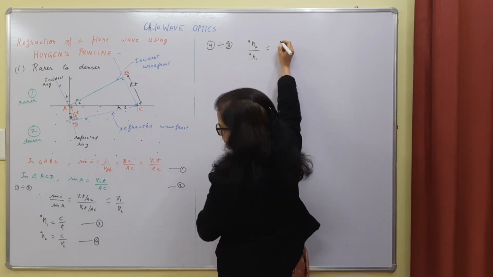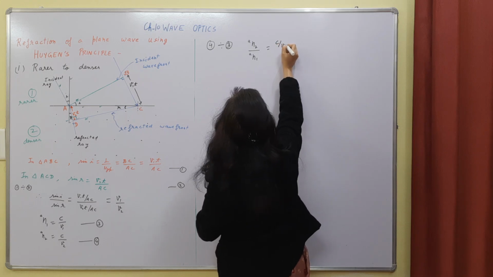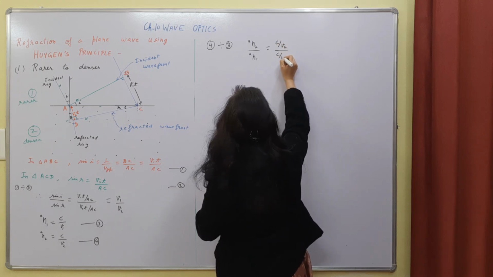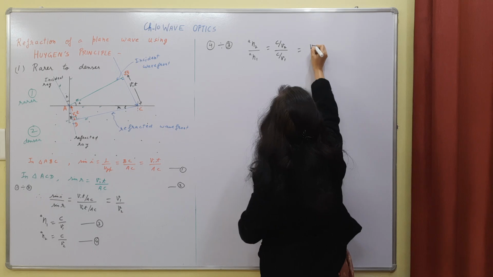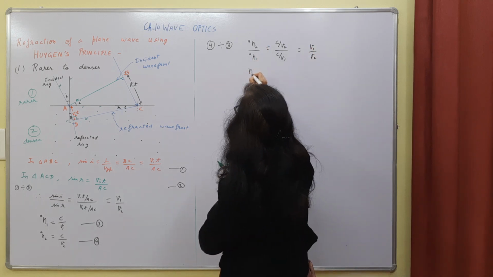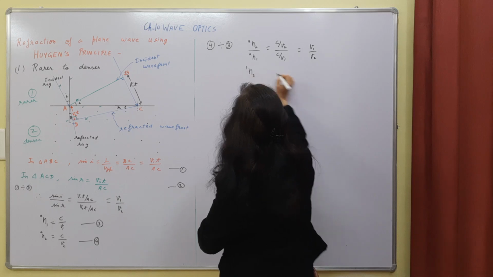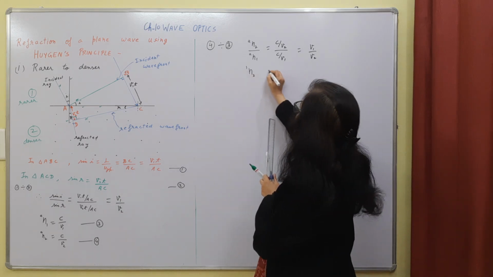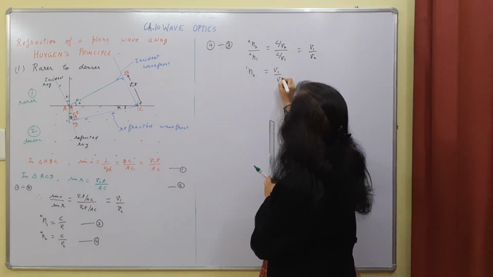This is equal to (c upon v2) upon (c upon v1). This gives us v1 upon v2. And this is actually n2 with respect to 1. And this is equal to v1 upon v2.